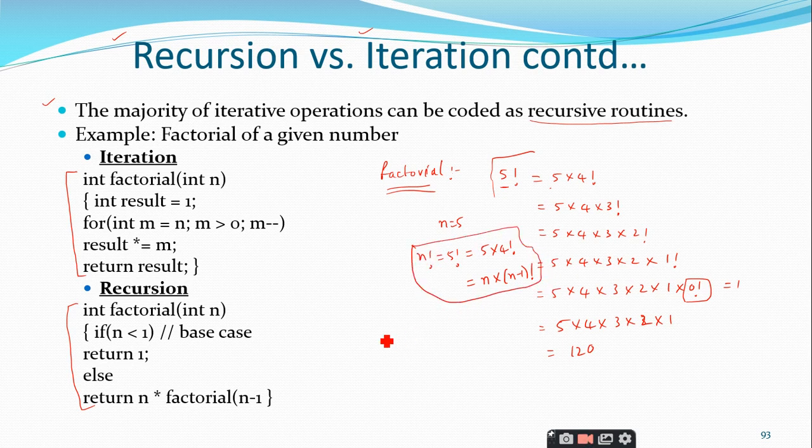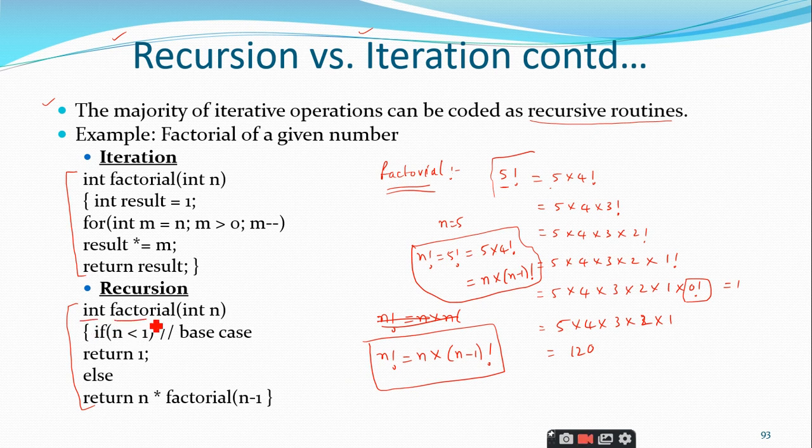So if I rewrite, n factorial is equal to n multiplied with n minus 1 factorial. So this is the logic behind the factorial of a given number. So let us implement this using the recursion first.